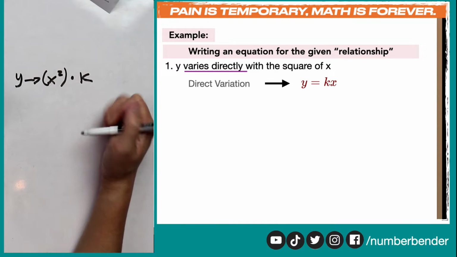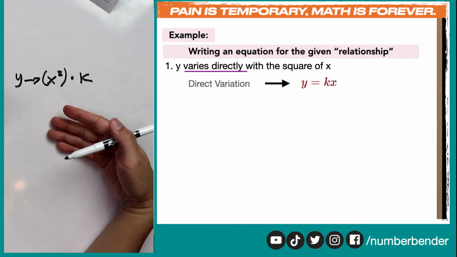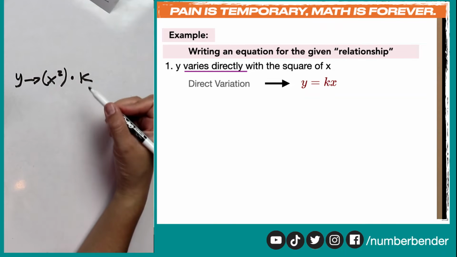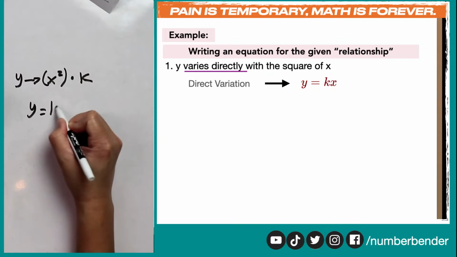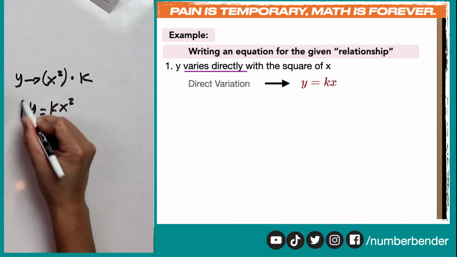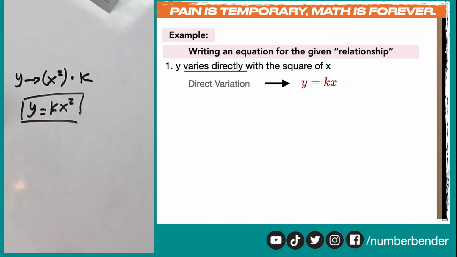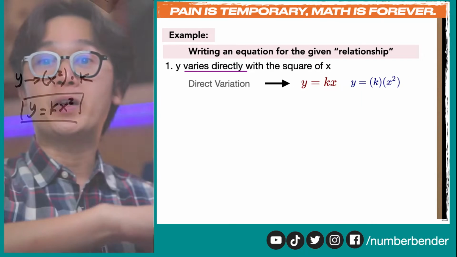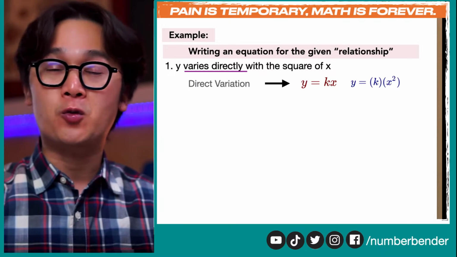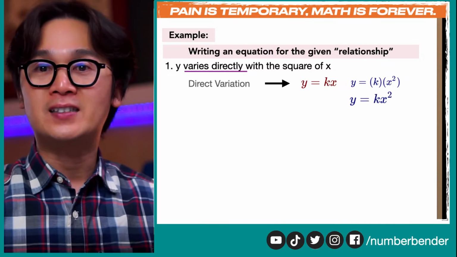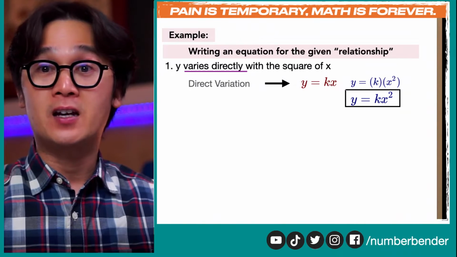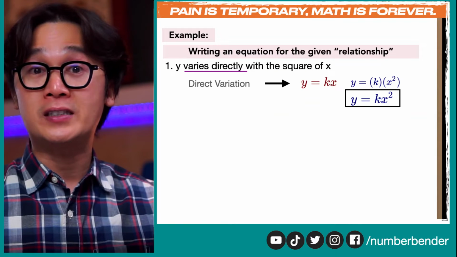So if we're going to translate this into its direct variation format, looking like y equal to kx, our equation will be y equal to kx squared. So this is the specific formula that will satisfy this particular relationship that we are working on. So we have y equal to k times x squared, and changing it into its standard form, we can rewrite it as y equal to kx squared. So this is our first translation.